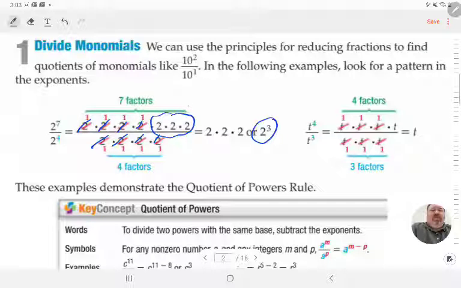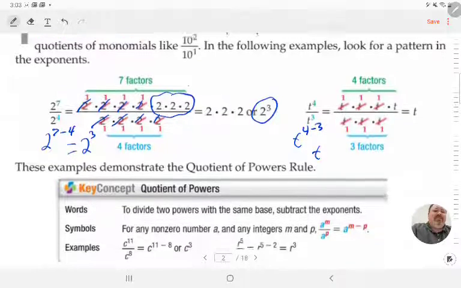So basically, the numerator exponent minus the denominator exponent gives you 2 to the power of 3. Same thing here, you would take the numerator exponent minus the denominator exponent, which gives you the exponent on t.